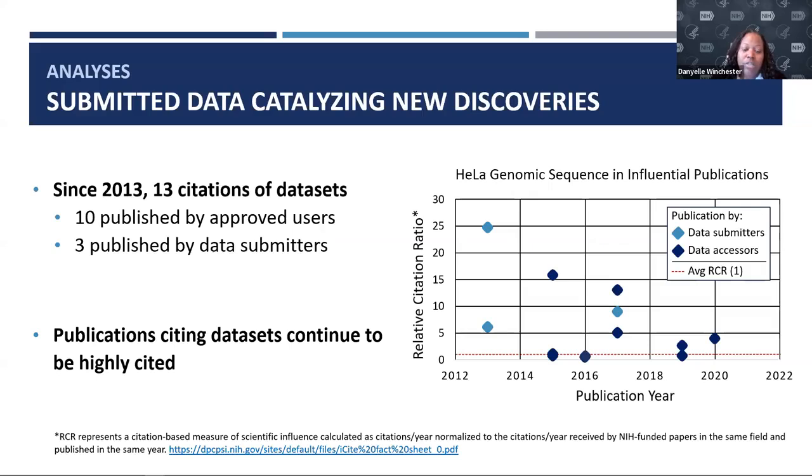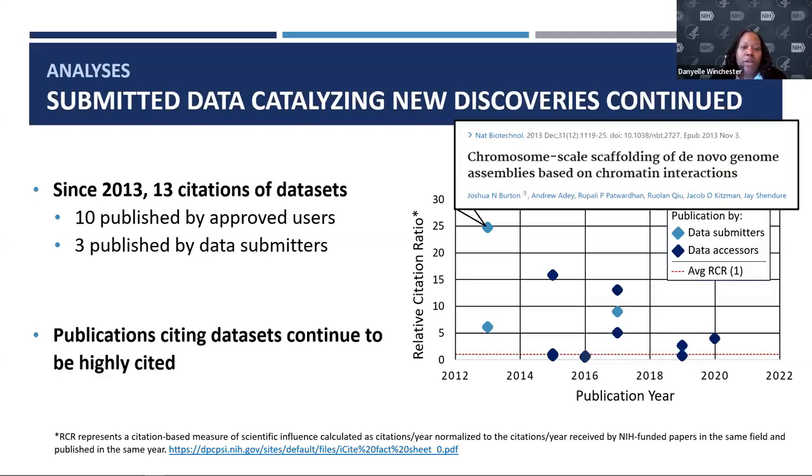It is normalized to the citations per year received by an NIH-funded paper in that same field. So the baseline for RCR is 1, which is denoted here in this red line. And based on the calculations of RCR, we learned that the papers from the data sets are highly influential. Publications from these data sets are highly cited. Next slide.